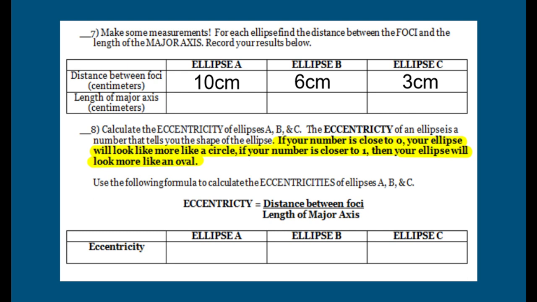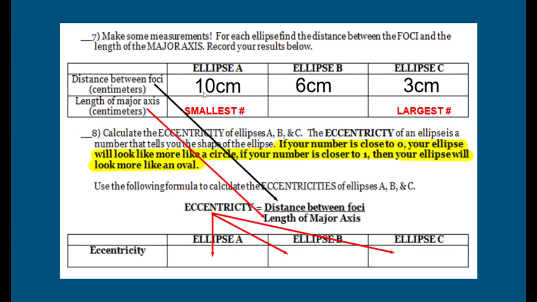So yesterday we noticed that when the distance between the foci was the farthest apart, that gave us the number closest to 1. If you were measuring the distance of your major axis, then that was, for a lot of people, around 11, 12 centimeters.